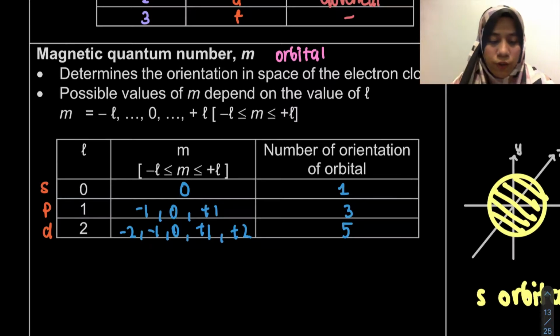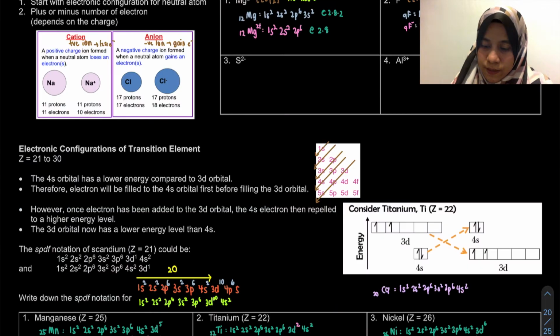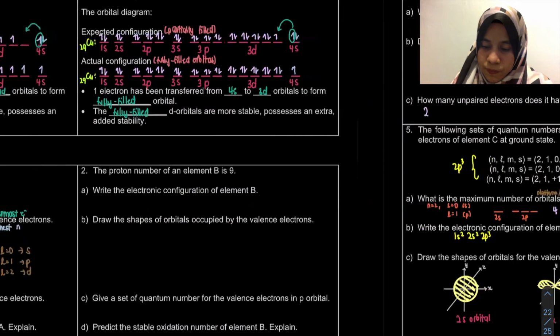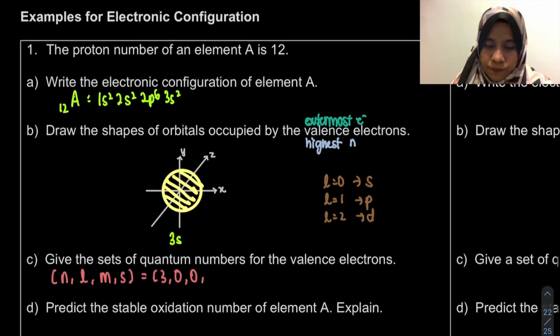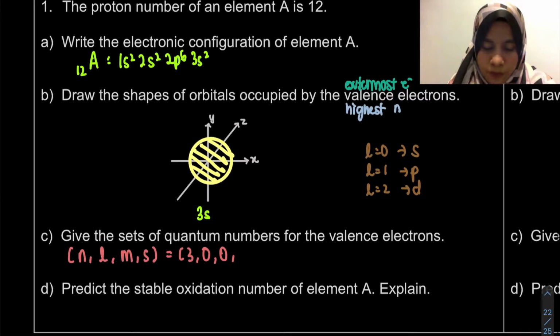For 2, there are values from negative 2 until positive 2. Since L equal to 0, hence M must be equal to 0. That's why M equal to 0.